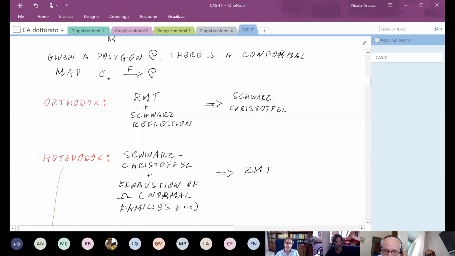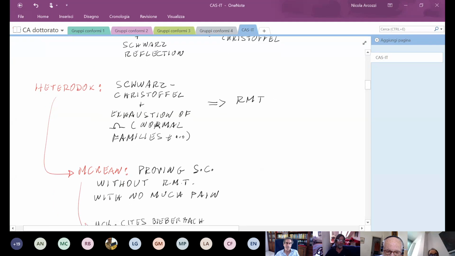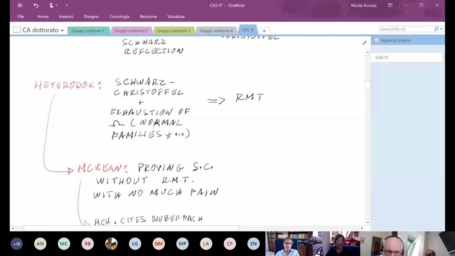Then we use Schwarz reflection. This is what is in Ahlfors' book and many other books. Using Schwarz reflection plus the Riemann mapping theorem, you get the Schwarz-Christoffel formula. So McKean takes this heterodox view: first you prove Schwarz-Christoffel.